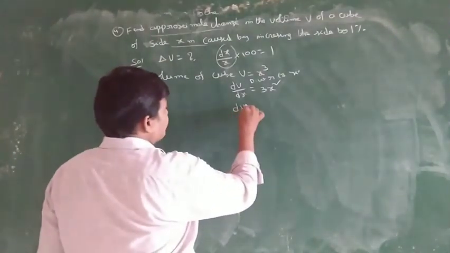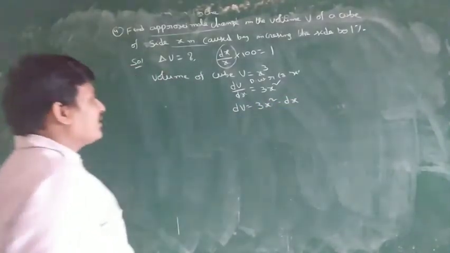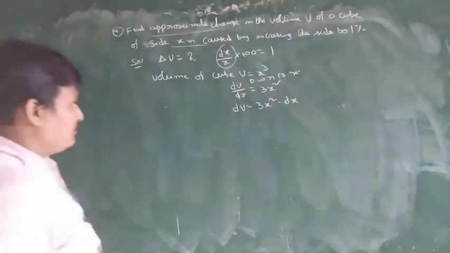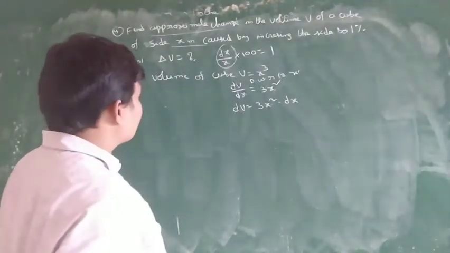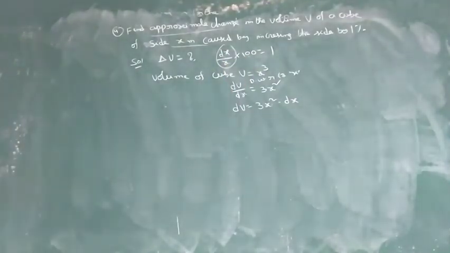So dV is equal to 3x square into dx. So dx by x into 100. So this is next.